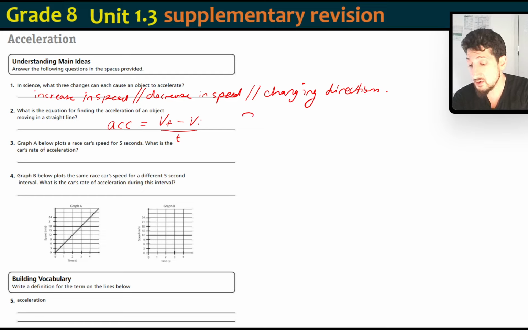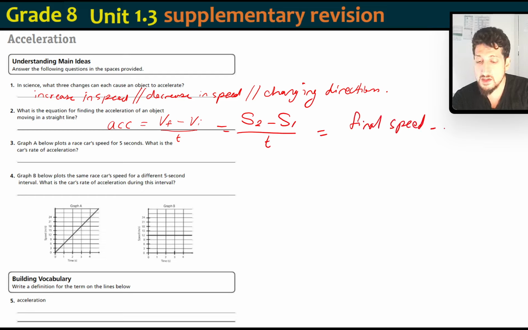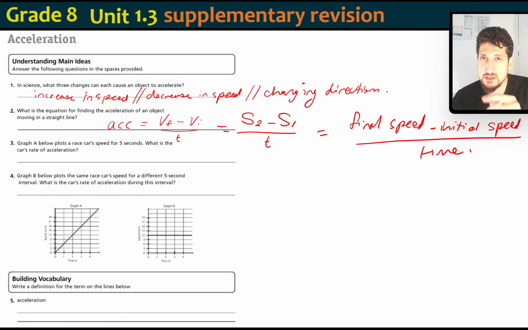Well, another way to put it is S2 minus S1, final speed minus initial speed over the time taken. That's all you have to do. Initial just means the beginning, the first speed, all over time. That is acceleration. So acceleration is change in speed, change in velocity.